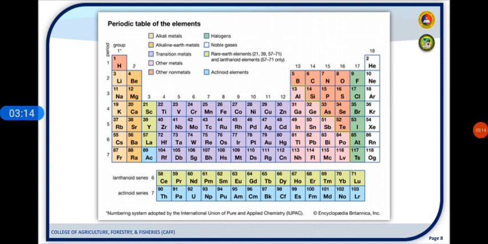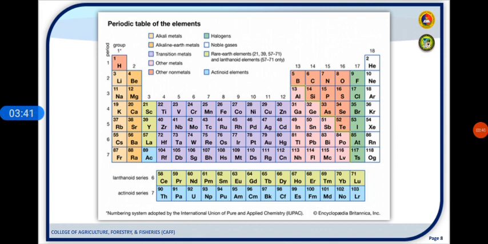Now look at the different colors in our periodic table of elements. Those colors are actually indicating different groups. So you have your groups of alkali metals, alkaline earth metals, transition metals, other metals, and other non-metals. And we also have halogens, noble gases, rare earth elements, and actinoid elements.